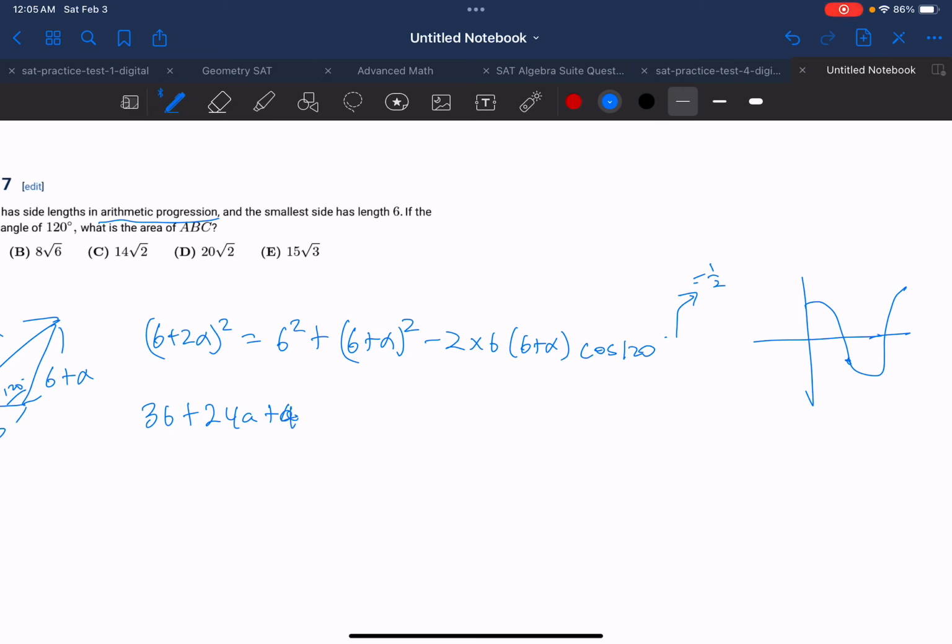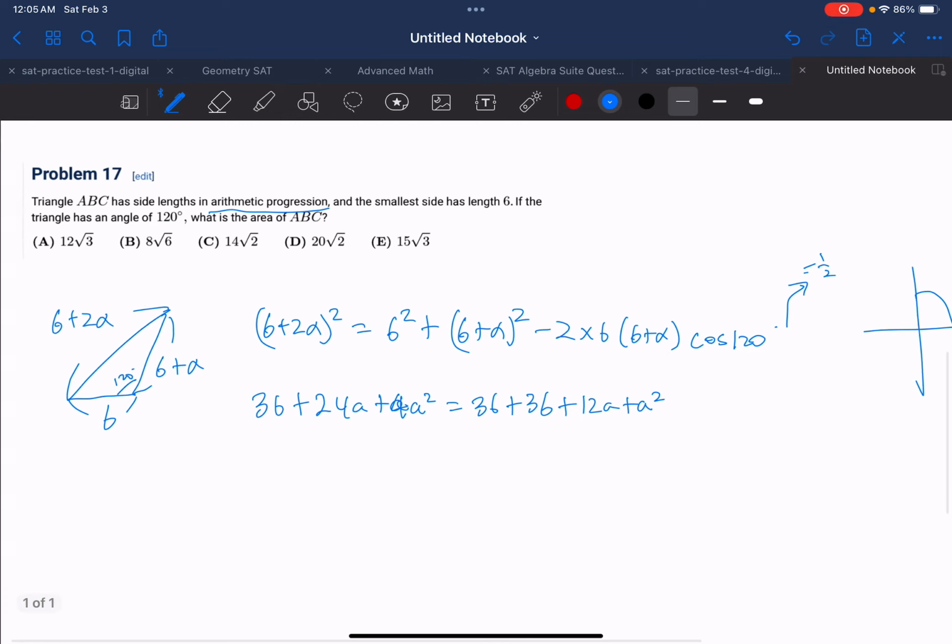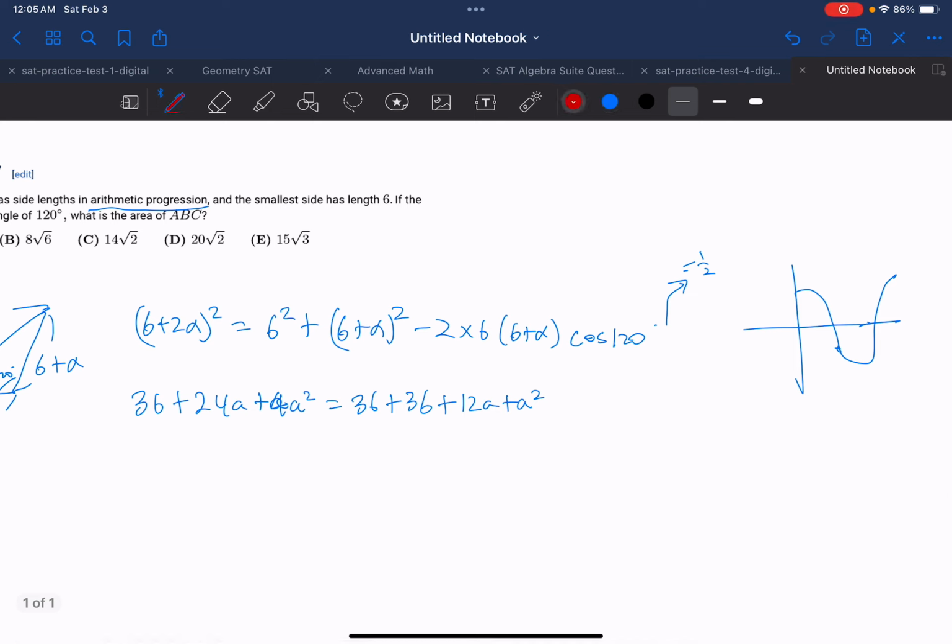If we expand this, 24a plus 4a squared is equal to 36 plus 36 plus 12a plus a squared. And since this is -1/2, these will cancel out, and this will become a plus sign, so this will be simply plus 6 times (6 plus a).